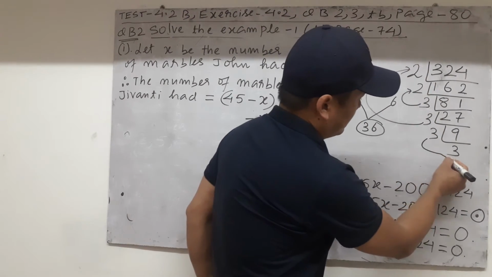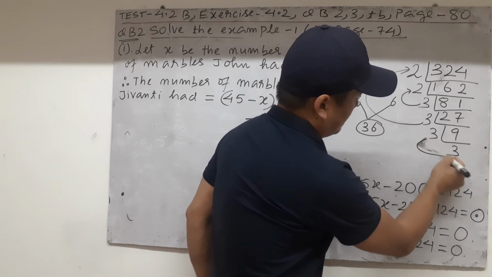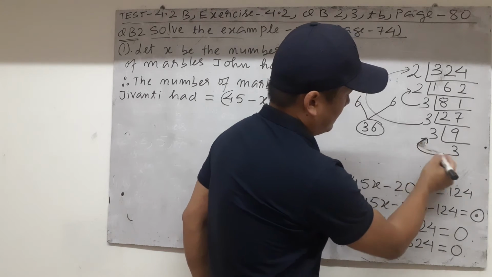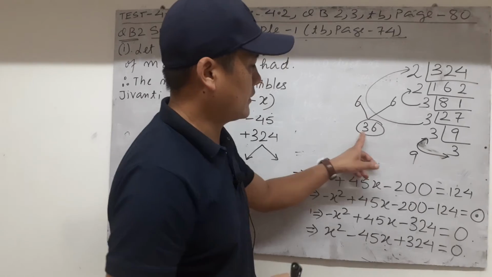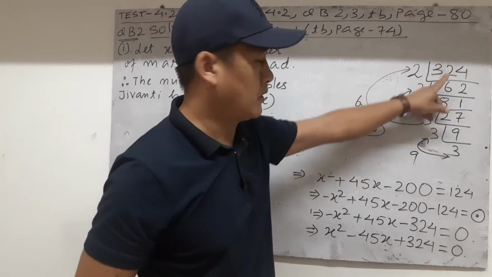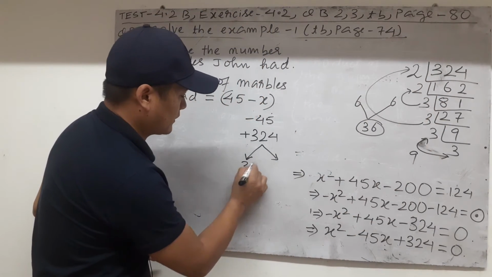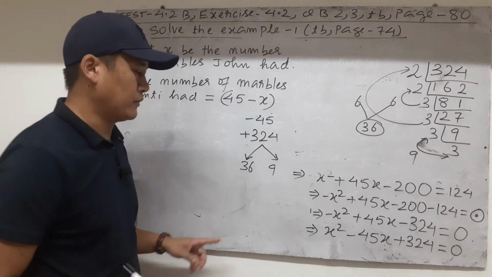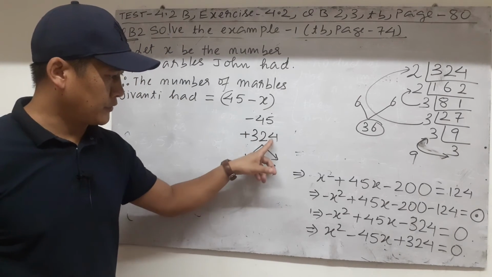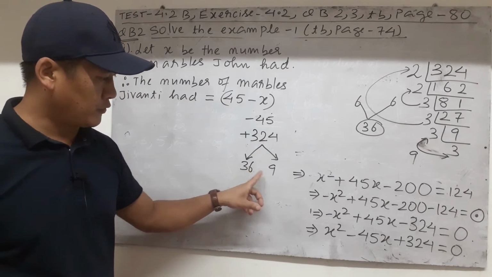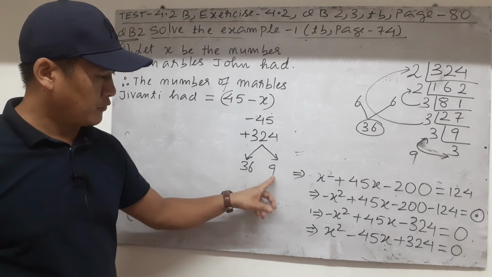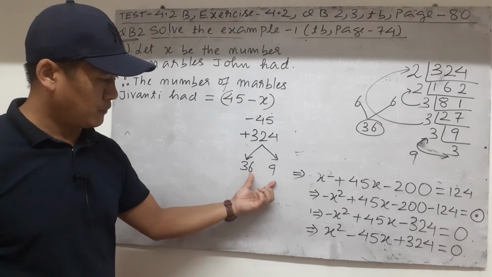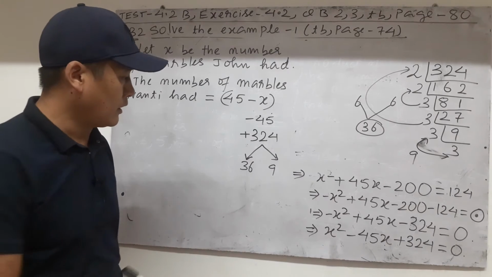And what is left, 3 threes, is 9. So 36 into 9 is surely 324. So 36 into 9 I chose. Why? Because 36 into 9 is 324. These two must be factors of this number, so that when we multiply them, they should give you this one.